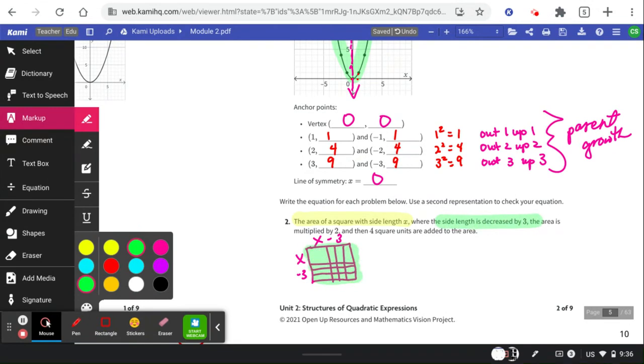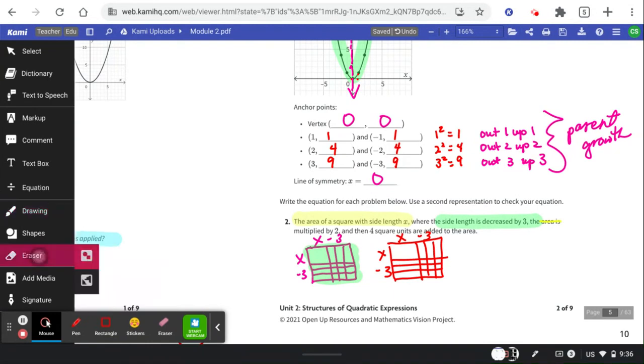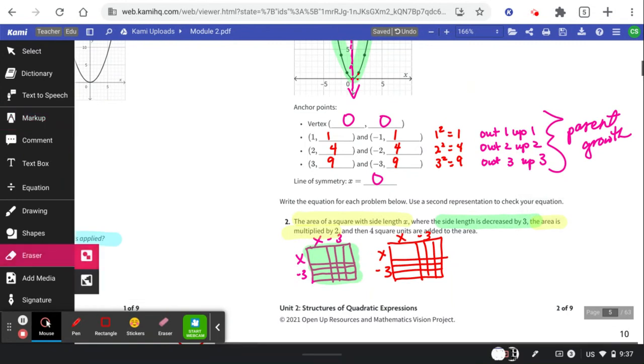That's representative of that part. Then the area is multiplied by 2. So I don't just have one of these. I got another. So draw me that x by x square. Cut in 3. Cut in 3 from the other side. And there's my second one. So the area being multiplied by 2. Let's use a different color.